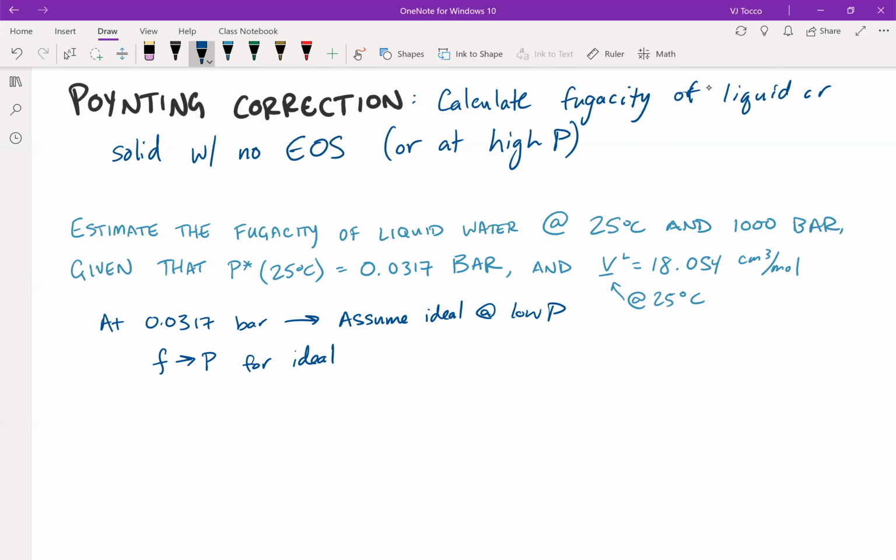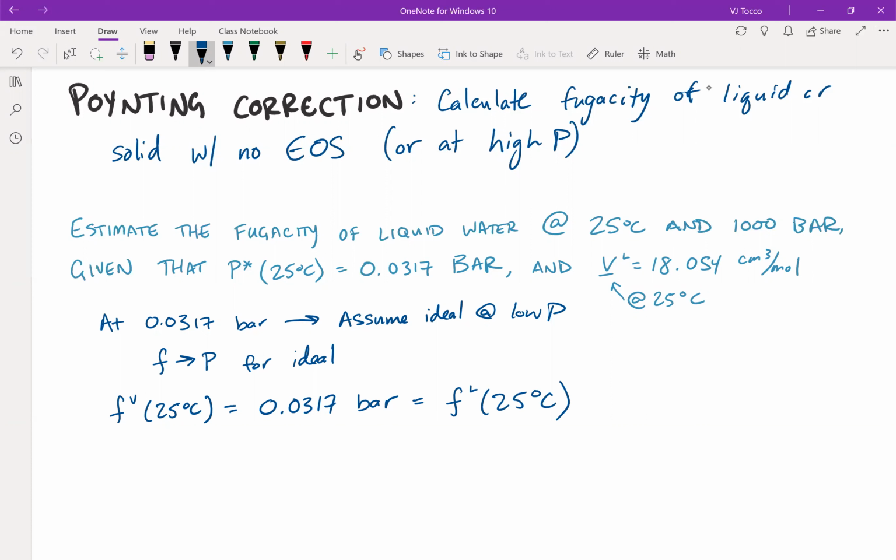And therefore, we can say that the fugacity of the vapor phase at 25 degrees C is 0.0317 bar. And because we have P star, that is P saturation, that's our saturation pressure, that's how we know we're at phase equilibrium. And we can also say that this is equal to the fugacity of the liquid at 25 C. And that is a good starting point.